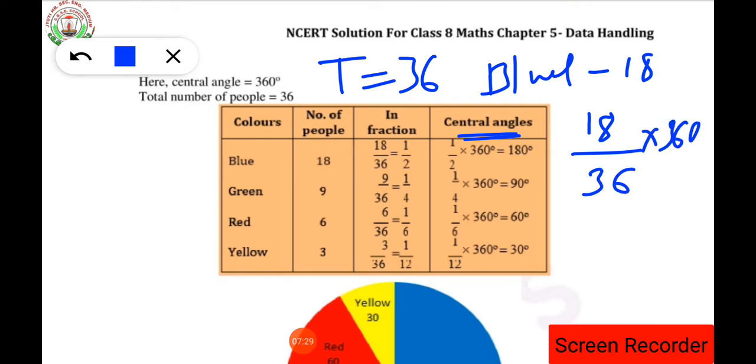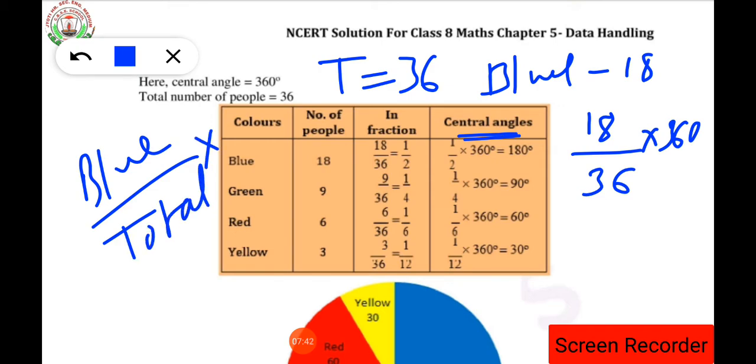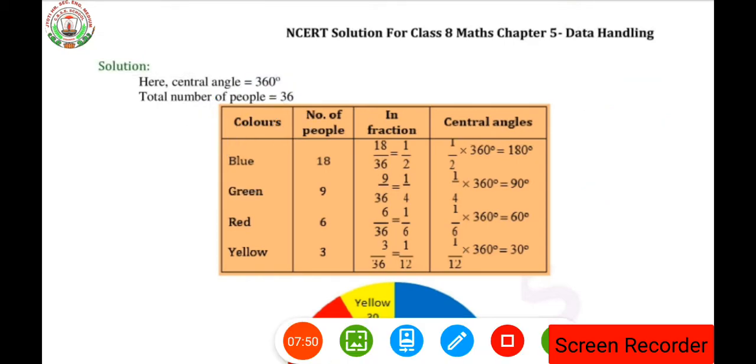The words of the formula will change according to the condition, according to the words of the question. So blue color people upon total number of people into 360. This 360 always comes in the formula. Remember students, this 360 degree always comes in the formula.